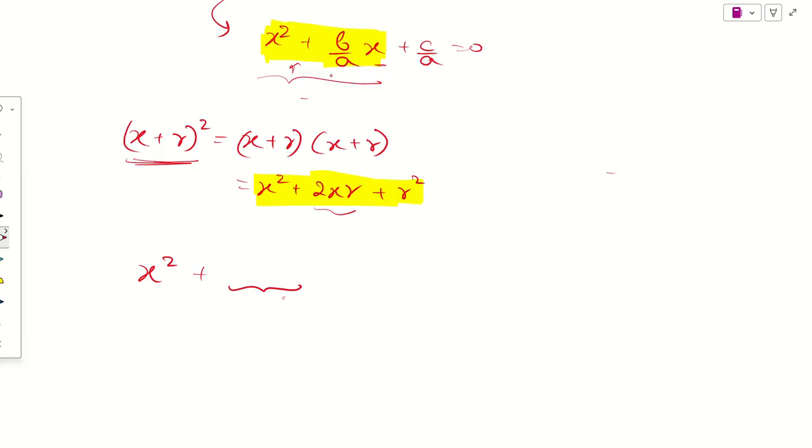Just look at this middle term, coefficient b upon a. How can we make this middle term b upon a x, keeping both 2 and x? If I take half of the middle term here, the 2 will be cancelled out in the numerator and denominator.